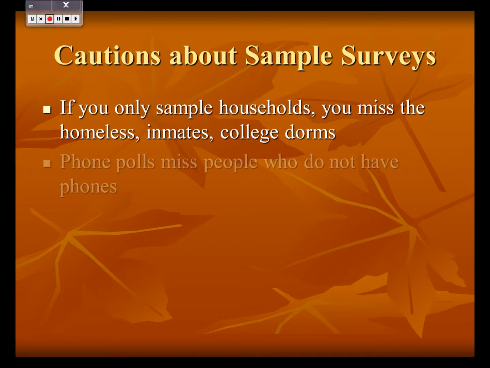If I'm doing phone polls, well, nowadays most people do have a phone, but there are certain few individuals that don't have phones, and I would be missing those people. If people only have cell phones, and I'm dialing household phones, I'm going to be missing those people. I don't want to selectively or intentionally miss people from my survey.